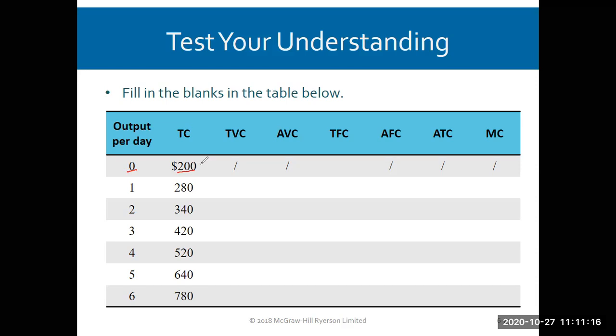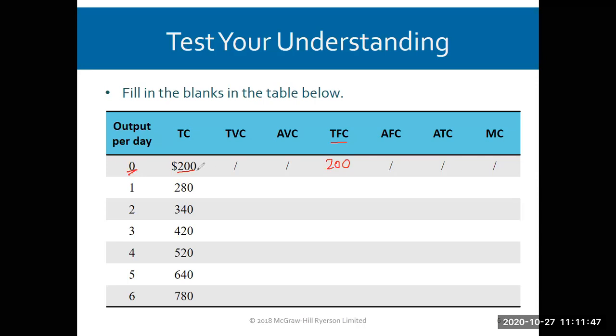Remember, total cost is made up of two costs, total variable cost and total fixed cost. Well, we're producing 0, so there's no variable cost. So this total cost must be all total fixed cost. So the way you work this table is you plug in, notice they leave a space there, your total fixed cost, and that has to be 200 because we're smart enough to know that when we've got nothing being produced, we don't have variable costs.